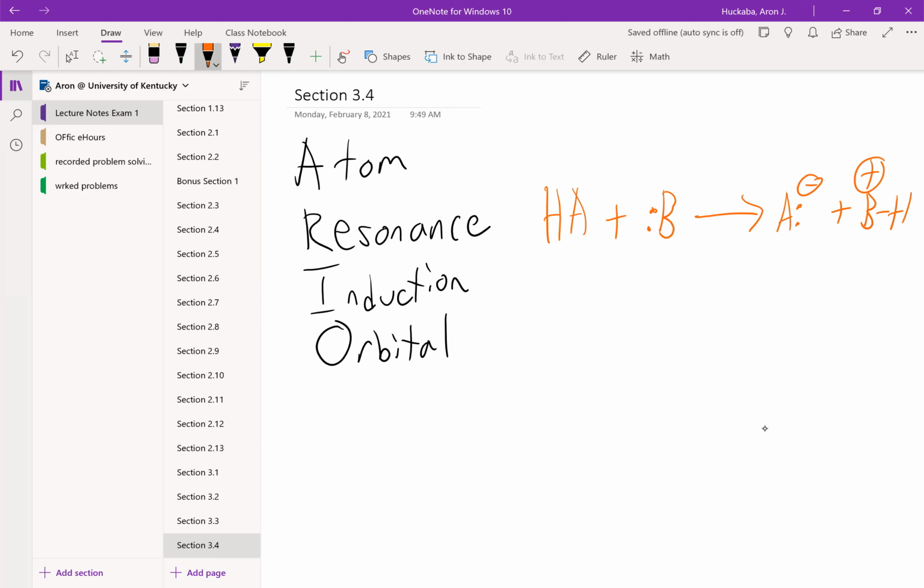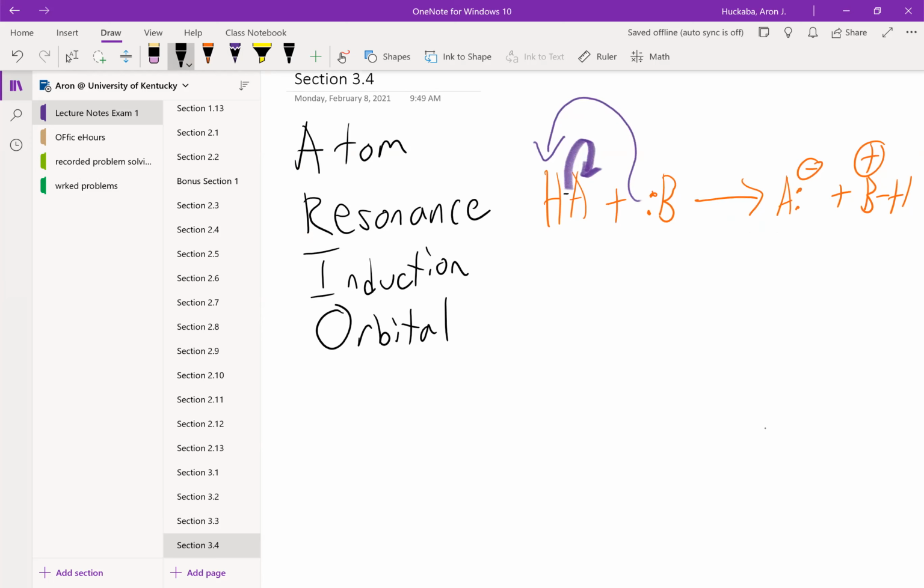Okay, and we know that this reaction occurs by the base using one of its lone pairs to take a proton from the acid. And the electrons between the H and A come right back onto the acid to get our A minus.